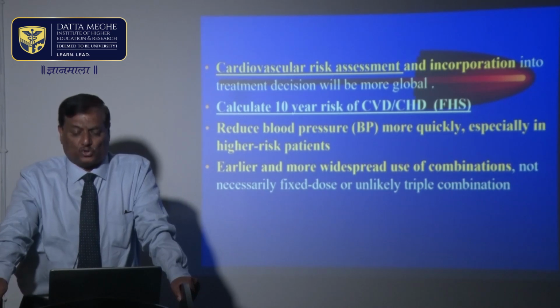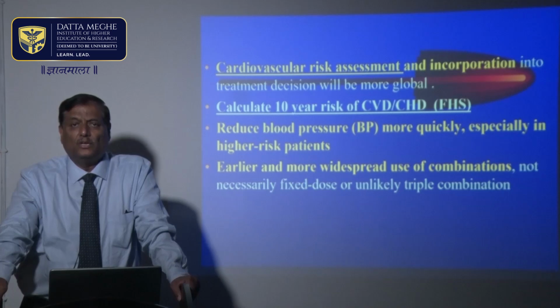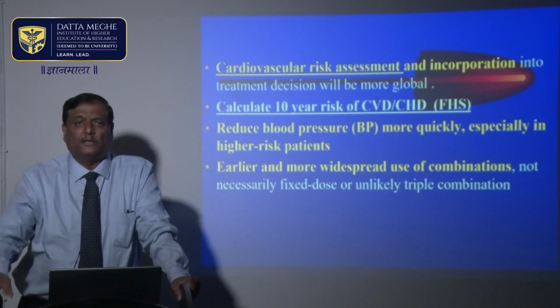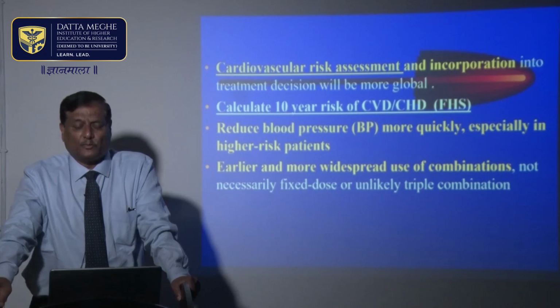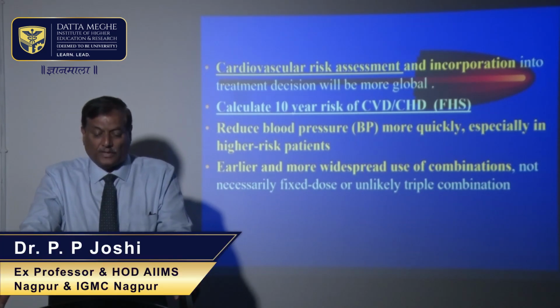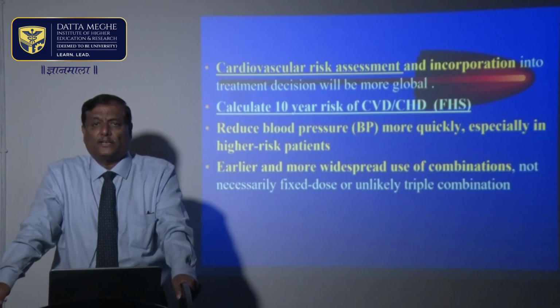And there are various scores called the Framingham heart score. There is an INTERHEART risk score which can actually predict the risk of a person, depending on the number of risk factors the patient has. We can calculate the risk of developing a heart attack or paralytic stroke in the next 10 years. And therefore, we have to categorize patients into low risk, moderate risk and high risk.